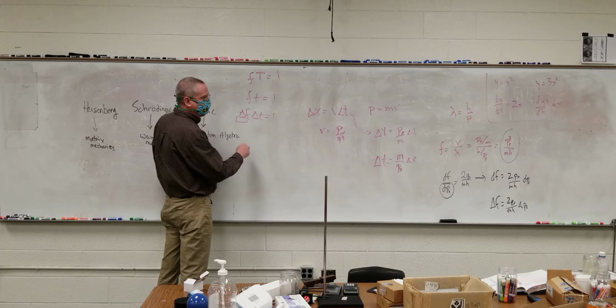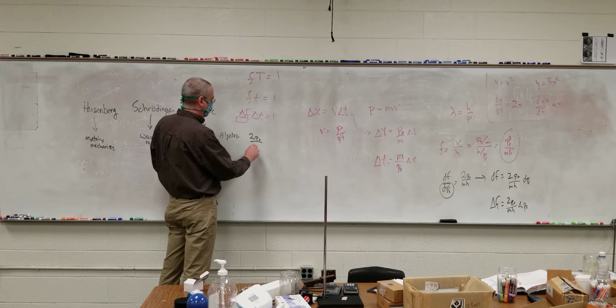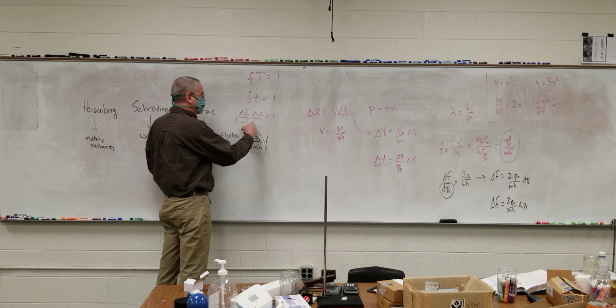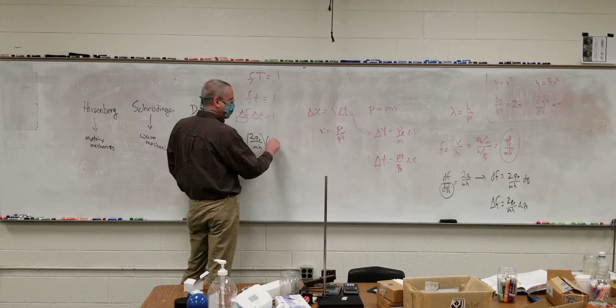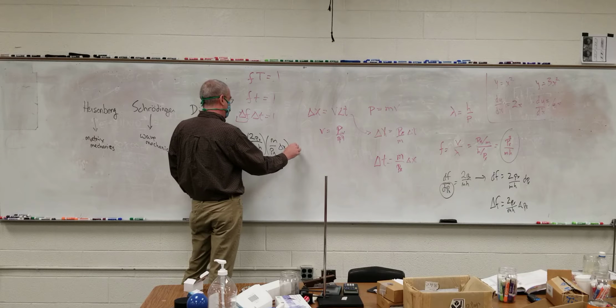So going back over here, I have my uncertainty here. Plugging in for f, I have 2px over mh times my delta t, which is m over px delta x, equals 1. I will hand wave that little bit.